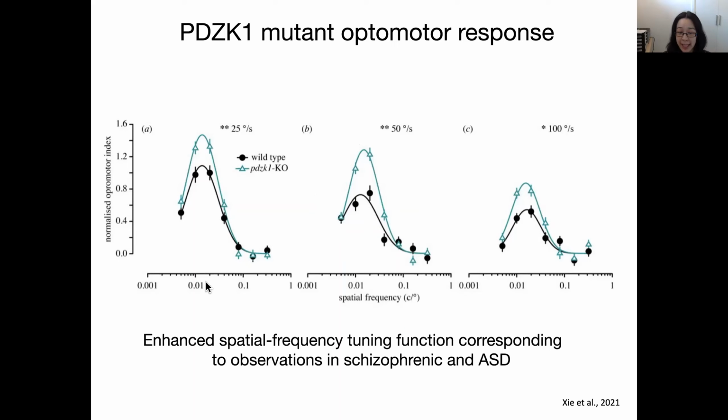We also know that enhanced spatial frequency tuning is one of the, not a hallmark, but one of the observations that does occur in schizophrenia and autism spectrum disorders.